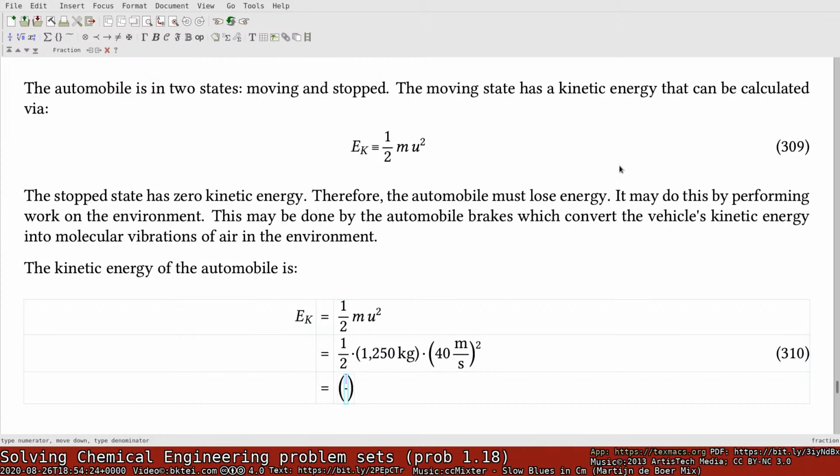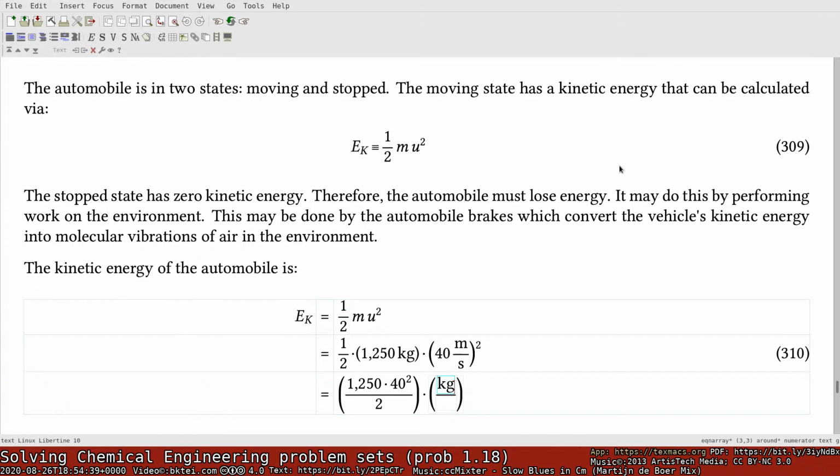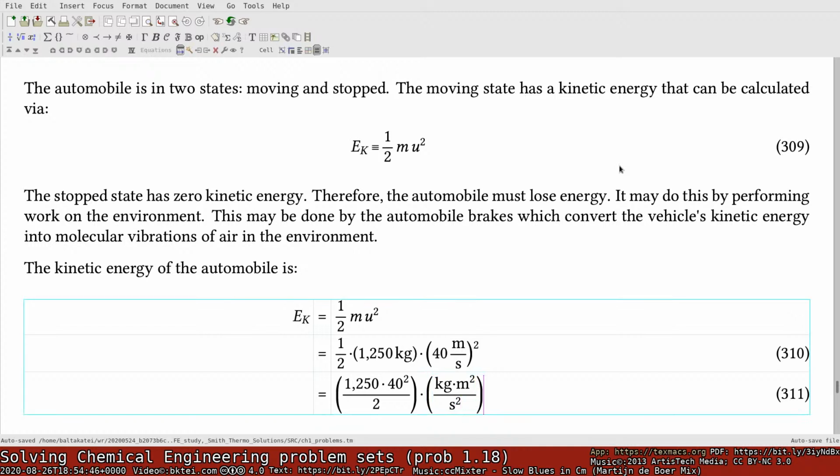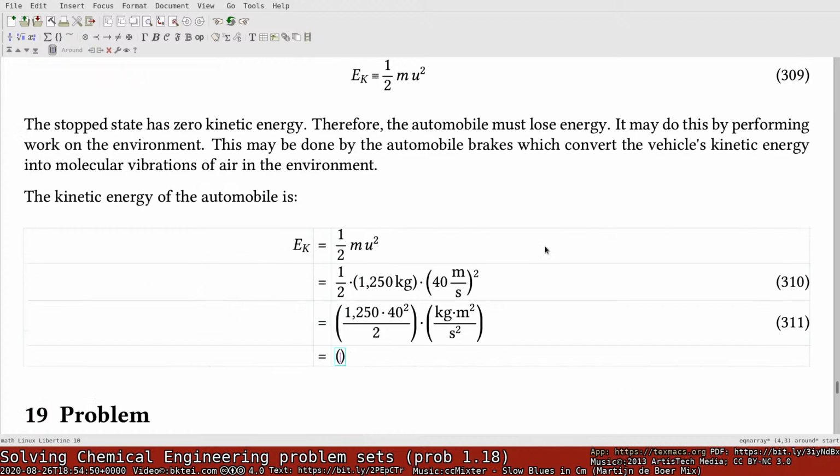Which is equal to joules already, as we've shown before.